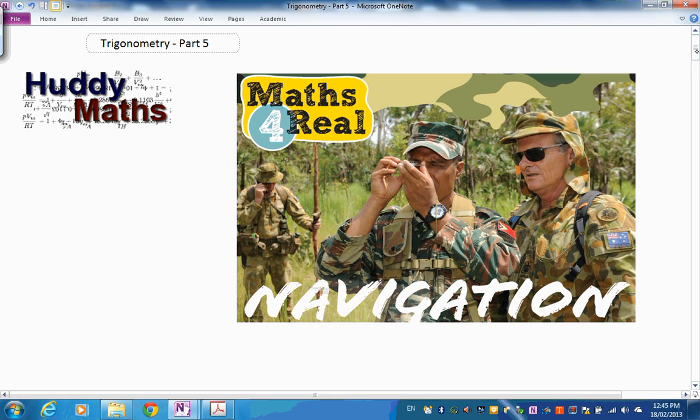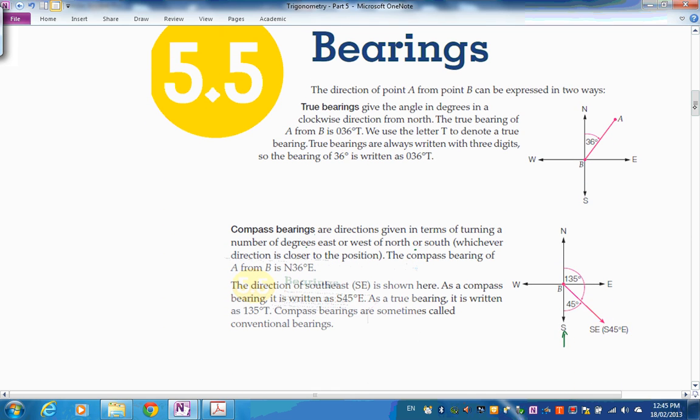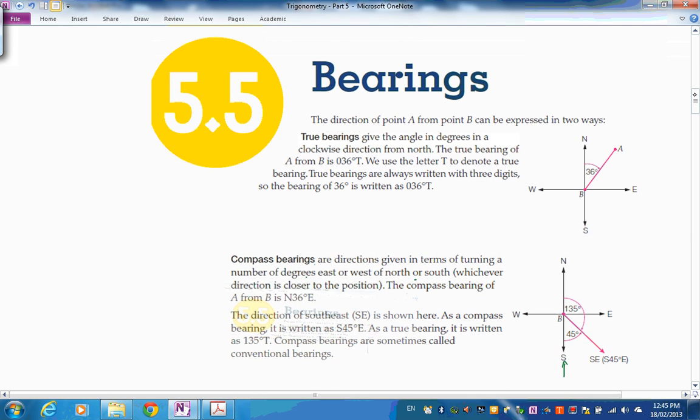I think it's often called, have you got your bearings? And this is the area of mathematics we're going to look at now in relation to trigonometry. A bearing is a heading or a direction you'll go in. So there are two types of bearings. It's called true bearings, where we face north.